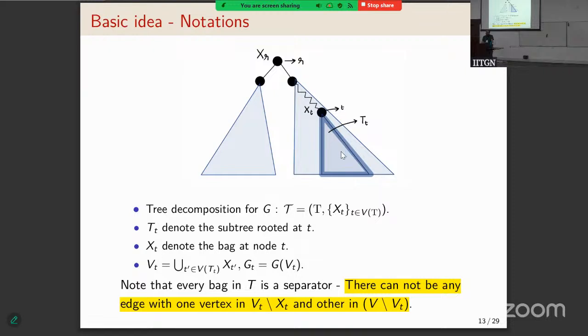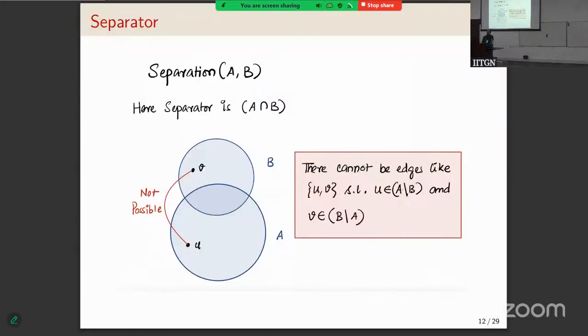That is, from a vertex in V_t minus X_t to the rest of the graph, which is V minus V_t. So basically, I'm saying that there cannot exist such an edge. Consider it as the vertex set of T_2 and the rest of the graph. This way there cannot be an edge like this.